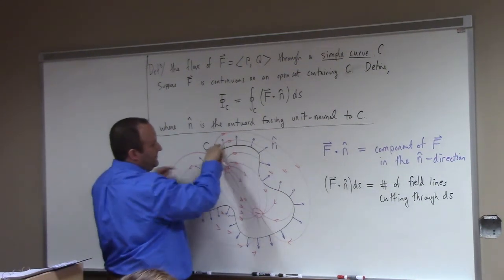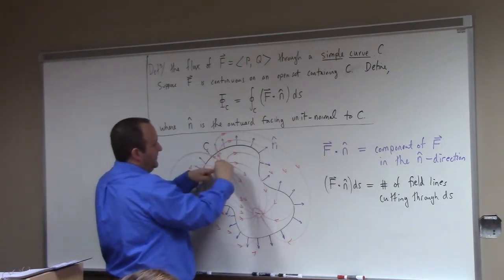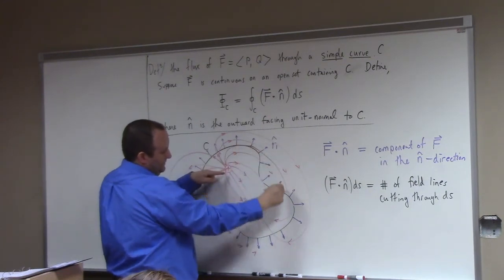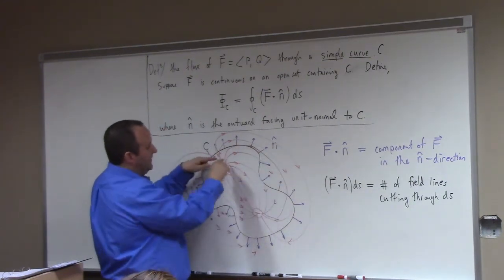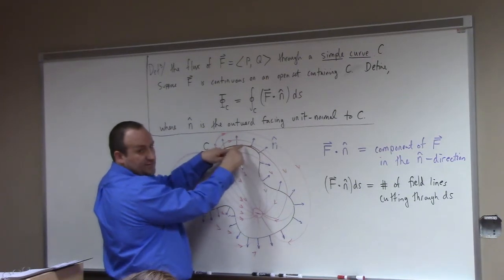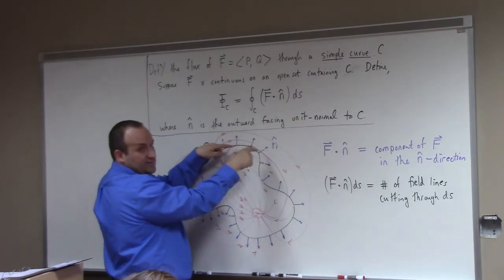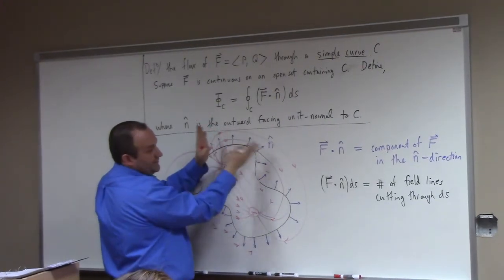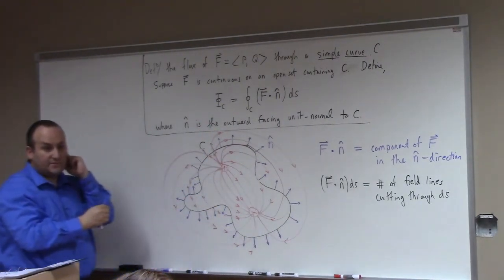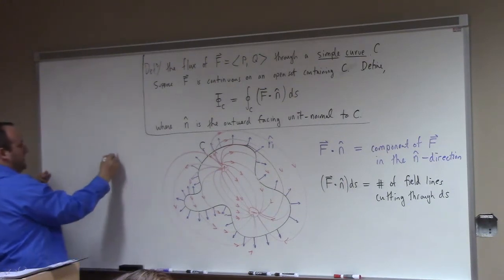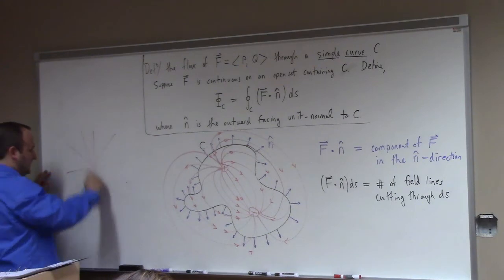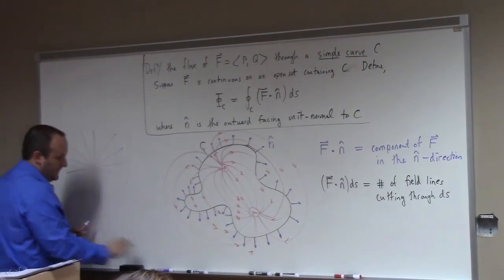Another one over here wouldn't count because it's tangent. So to cut through means that when you go across, it's how much you line up with the unit normal that determines whether that line counts. Something like this, right?